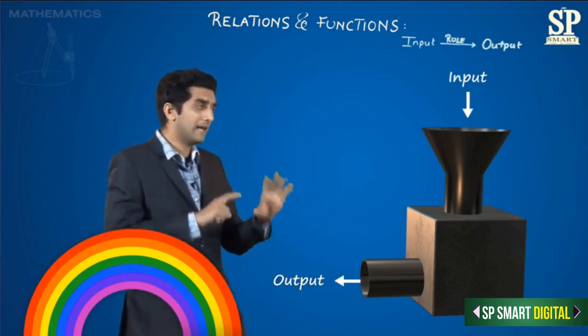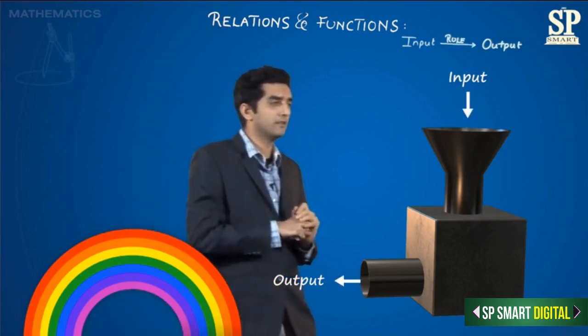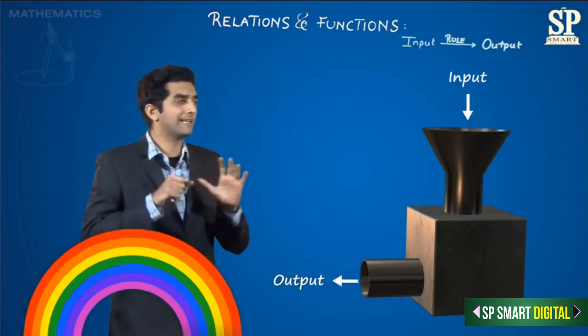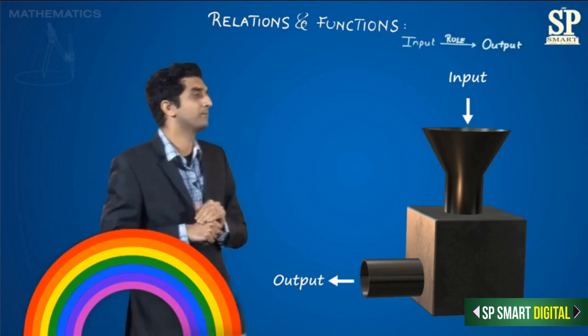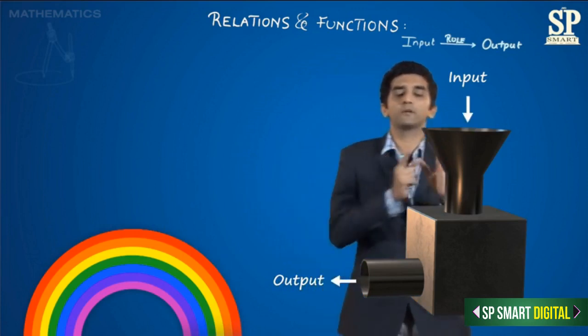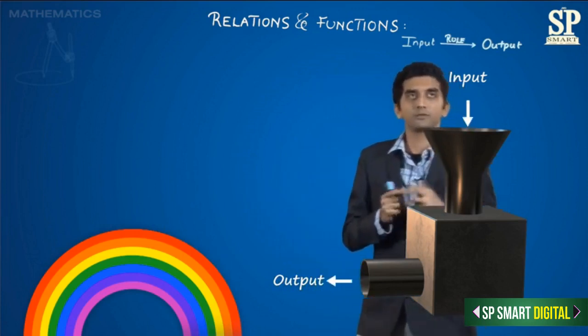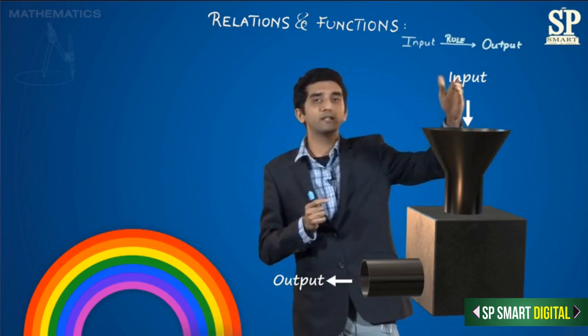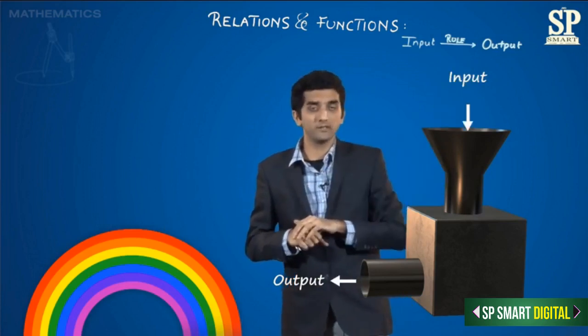So let's try and define this machine with respect to the rainbow in such a way that we are going to insert spheres of a particular color, right? Let's say I am inserting an orange colored sphere over here.